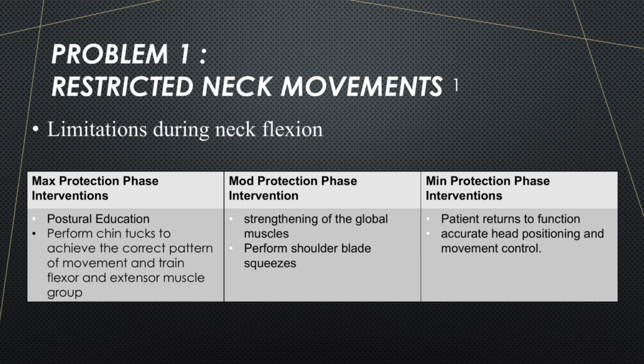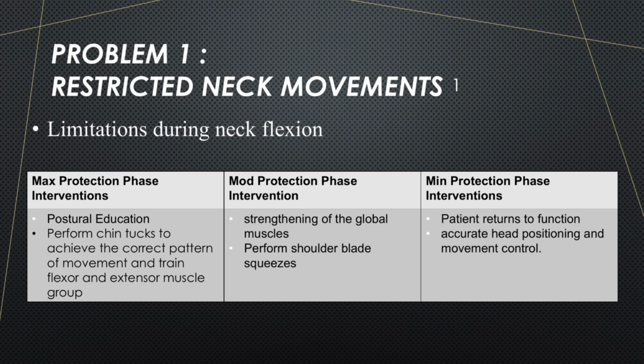They are responsible for stabilizing the cervical spine. The neck extensors and flexors are muscles that control the head and neck movements, and they maintain good posture on your body. For our max protection phase, we have the postural orientation for the patient and also perform chin taps to achieve the correct pattern of movement and train the flexor and extensor group muscles.